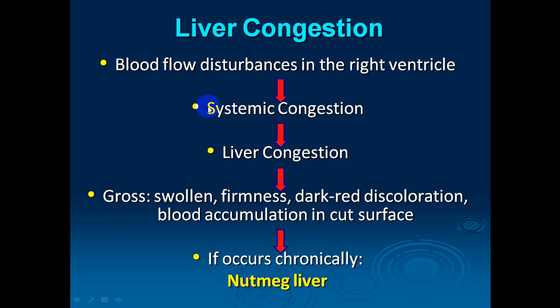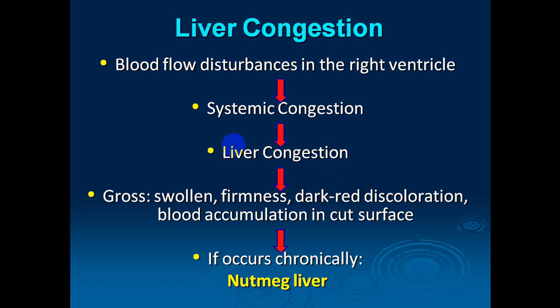If there is a disturbance in the right ventricle, there will be retention of blood inside the vena cava. It will make blood from the liver unable to enter the circulation, and it will be blocked. It will be congested in the liver.